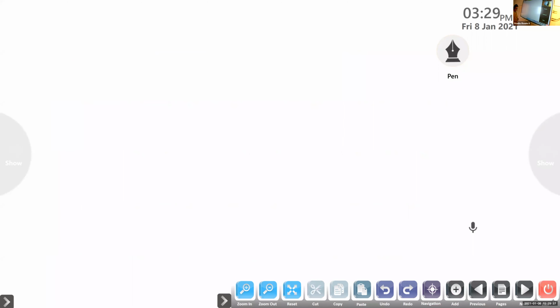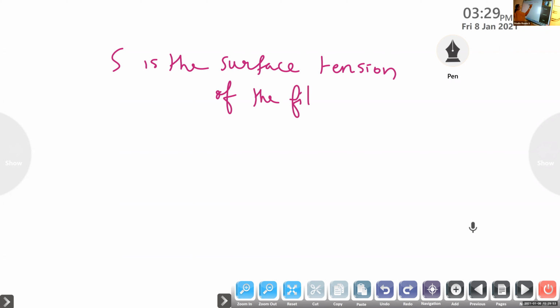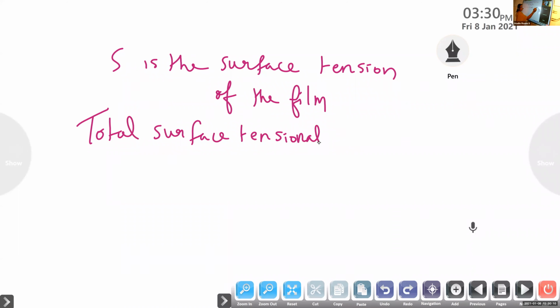So you can write down. If S is the surface tension of the film, the total surface tensional force, that means it will have two surfaces, because this surface of the liquid has a surface tension and the other side also.